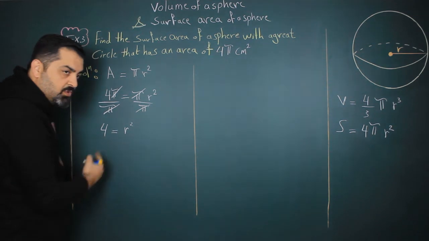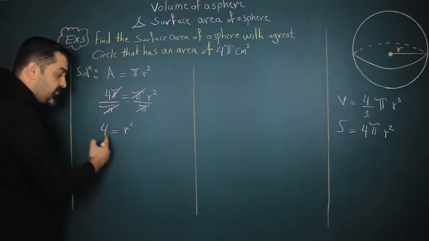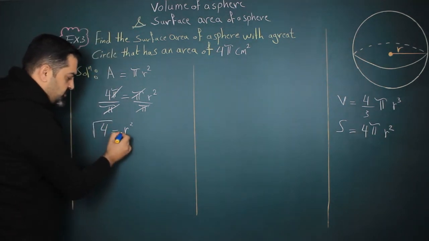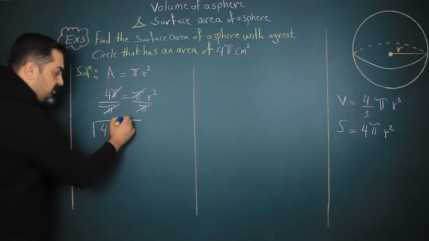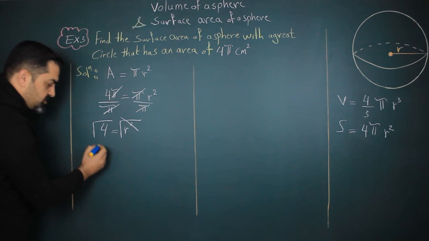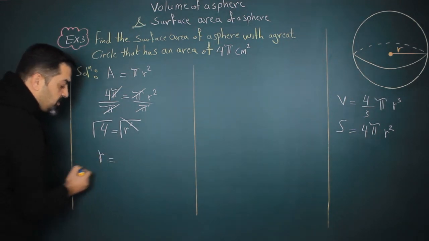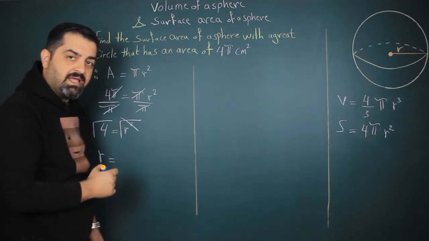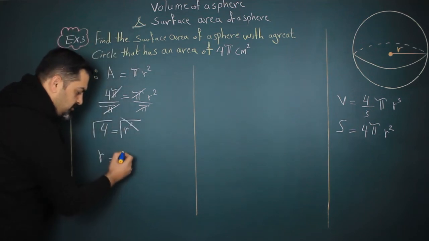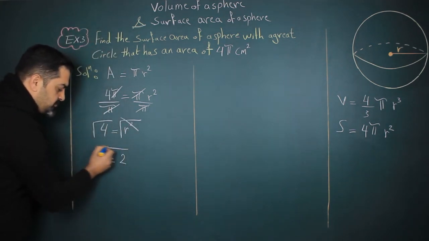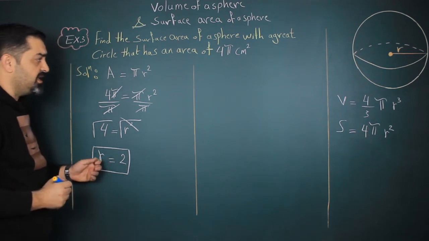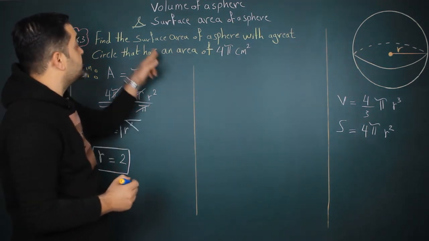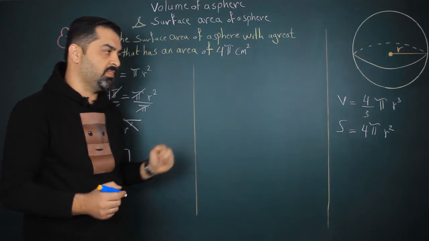Take the square root for both sides. This will be cancelled. So r is equal to the square root of 4, which is 2. This is our radius. Next, let's write the surface area of a sphere.